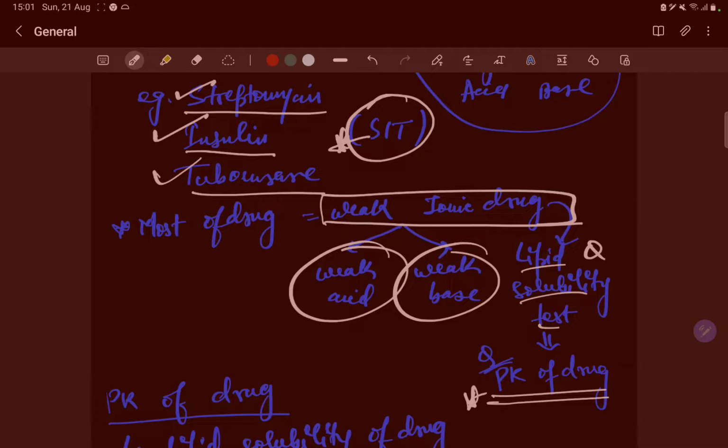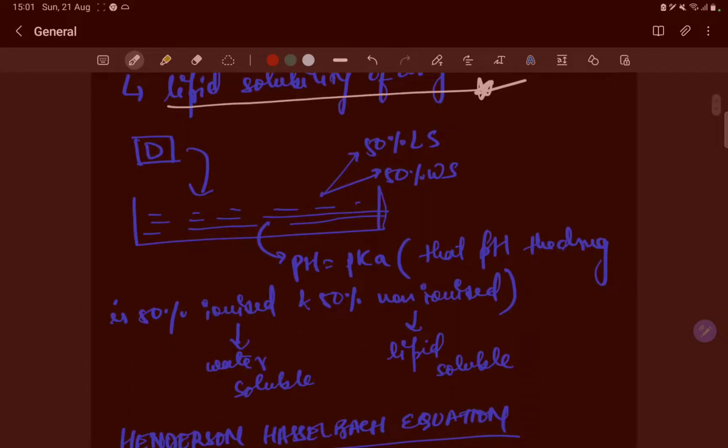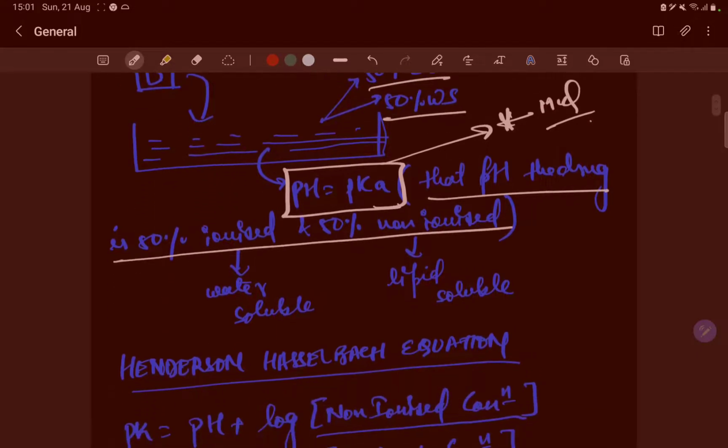In the drug development process, many tests are done so that the absorption quality and the ionicity of the drug are tested. The pK of the drug relates to its lipid solubility. Suppose a drug is 50% lipid soluble and 50% water soluble, then pH is equal to pKa. This is a potent MCQ: when pH equals pKa, the drug is 50% ionized and 50% non-ionized.